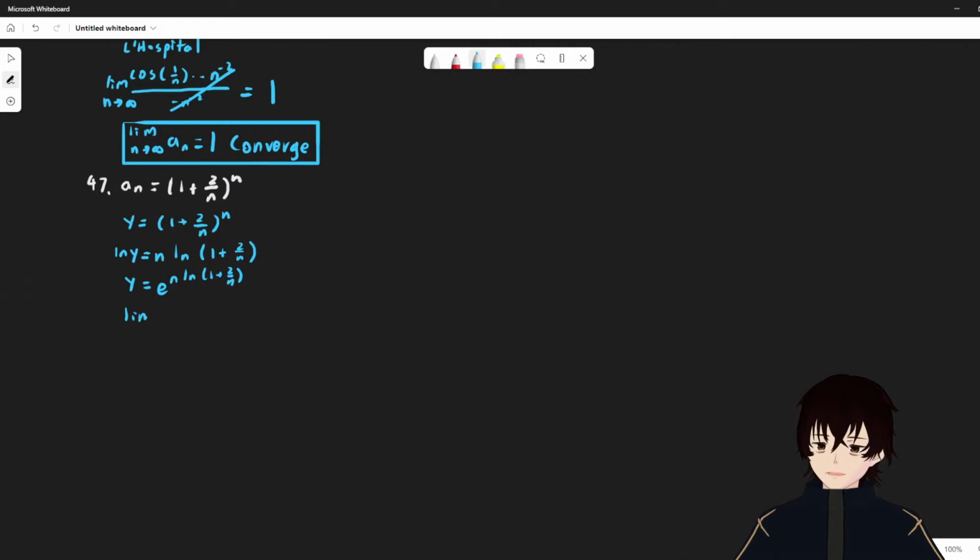We need to find the limit as n approaches infinity of n times natural log of 1 plus 2 over n.